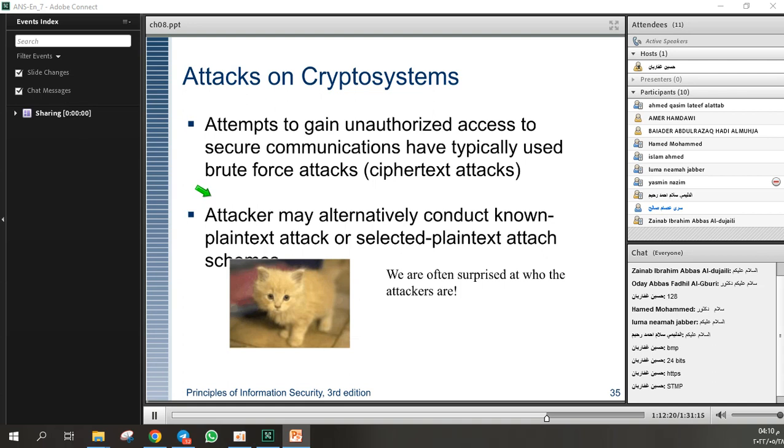If they get access, they can sniff those encrypted messages over the web, catch them, and then try to break them. But what will happen if I gain access to the sender or the receiver?